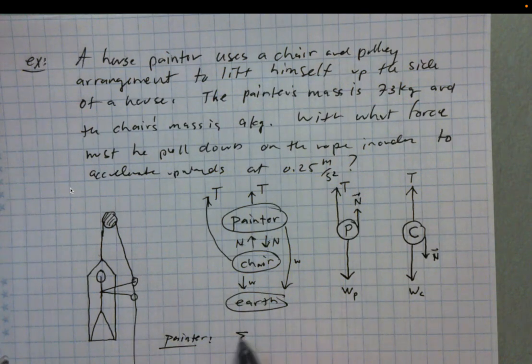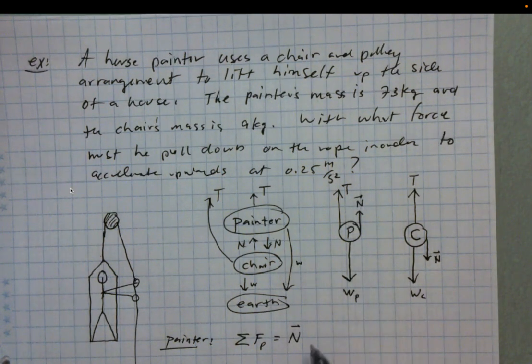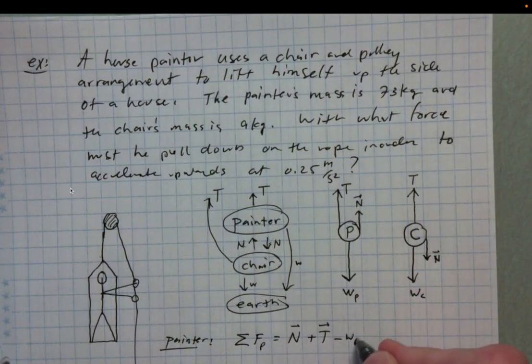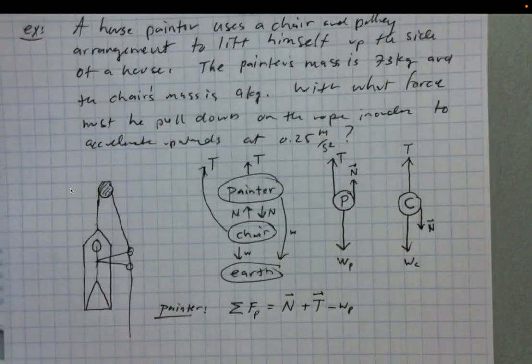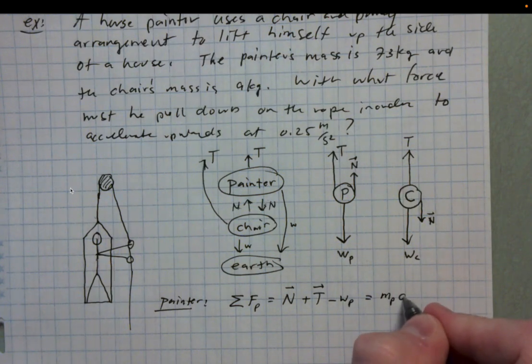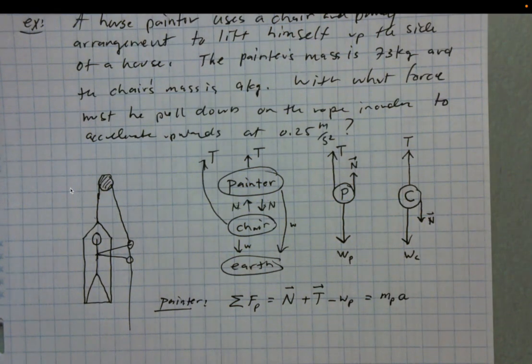The sum of the forces acting on the painter in the y direction would be equal to the normal force pushing up, plus the tension force pushing up, minus the weight force of the painter pushing down. And that's going to be equal to the mass of the painter times the acceleration. That's what's happening with the painter.